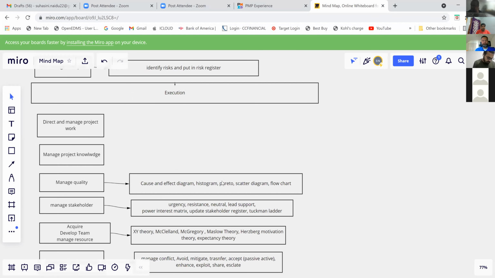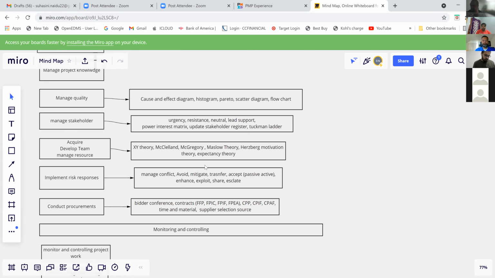For manage stakeholder engagement, we identify them with different tools: unaware, resistant, neutral, supportive, leading, and the power interest matrix, and update the stakeholder register accordingly.